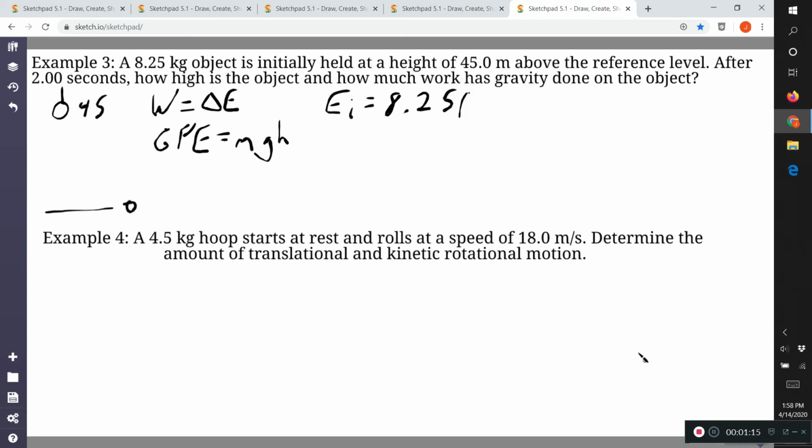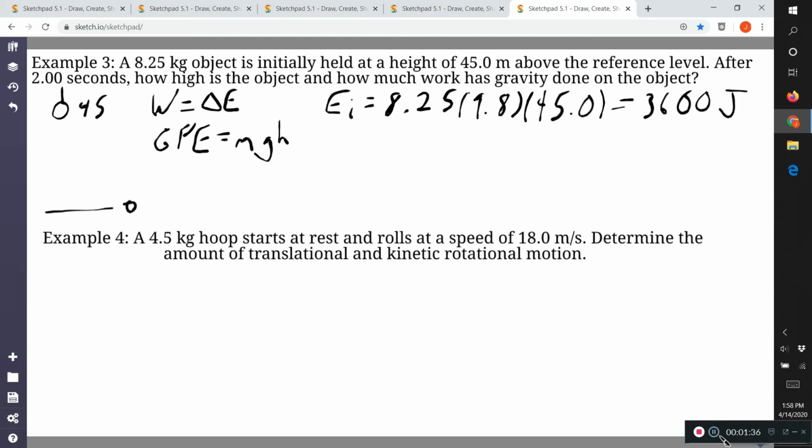The gravitational constant, 9.8. And the height, which is going to be 45.0. And we will get, to 2 sig figs, 3,600 joules.